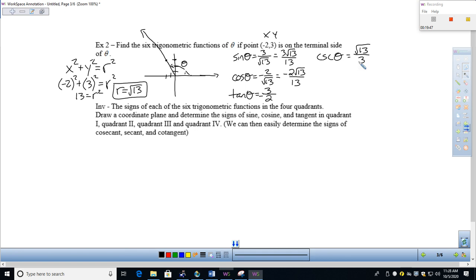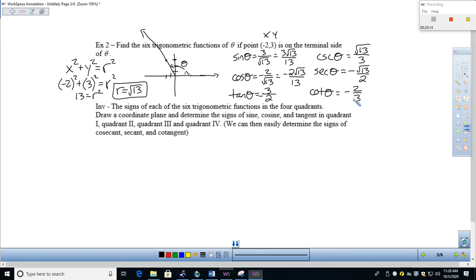Secant, just flipping this. If it was negative 2 over root 13, it's just negative root 13 over 2. Remember, if that's negative, the reciprocal is negative. Cotangent, it was negative 3/2, so now everybody, it's negative 2/3.